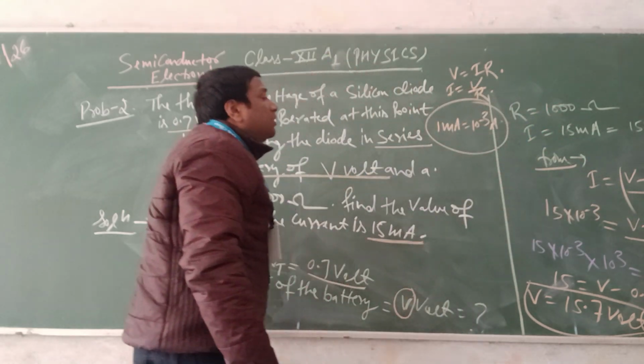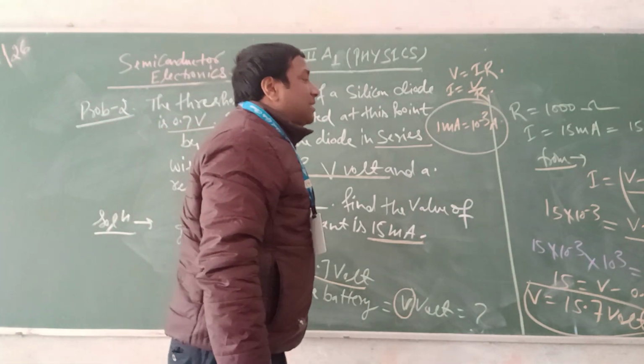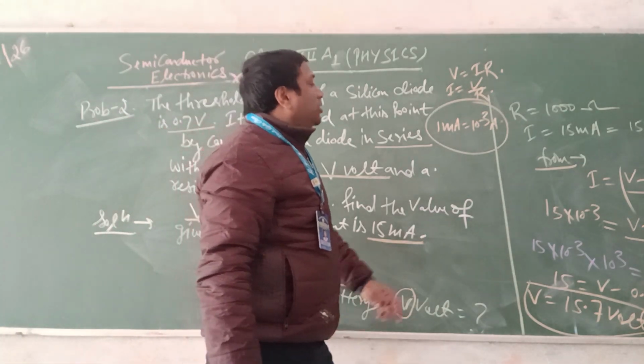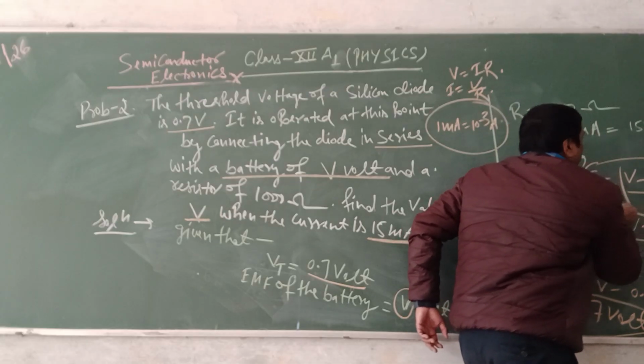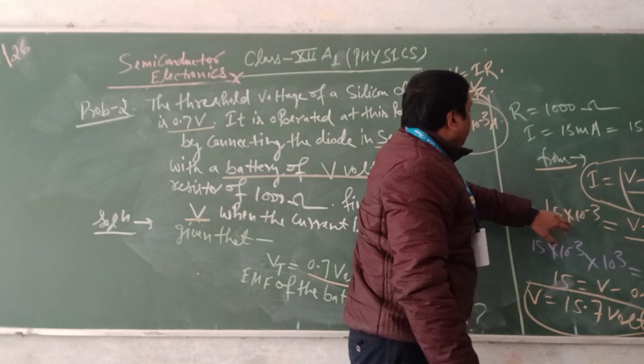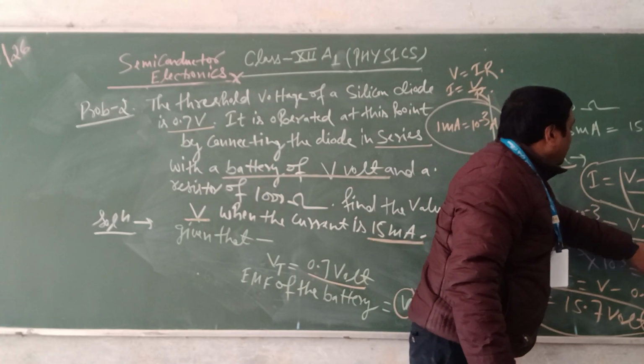Substituting into the equation: 15 into 10 to the power minus 3 is equal to (V minus 0.7) upon 1000.